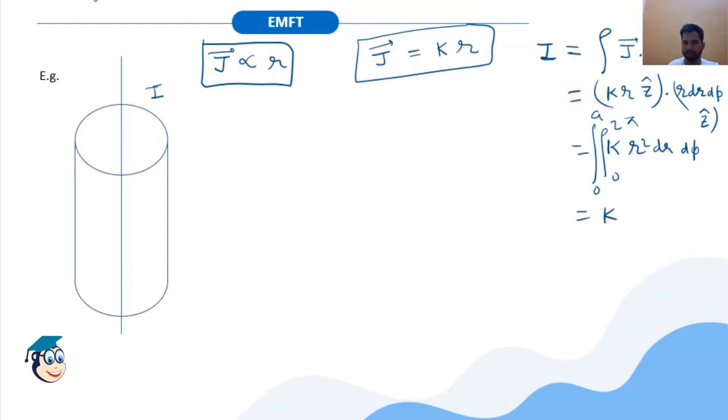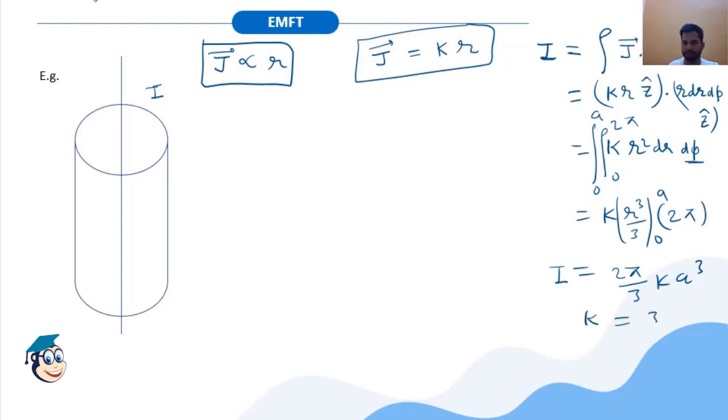You can see k r cube over 3 integral limit from 0 to a times d phi integral from 0 to 2 pi is 2 pi. So you can see 2 pi over 3 k a cube is nothing but I. You can calculate the value of k as 3I over 2 pi a cube. This is the value of k.